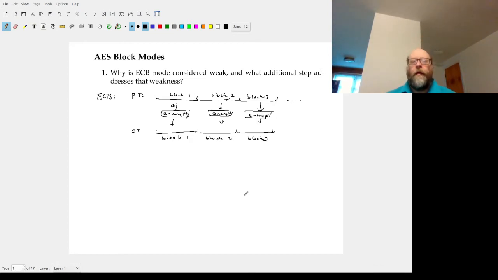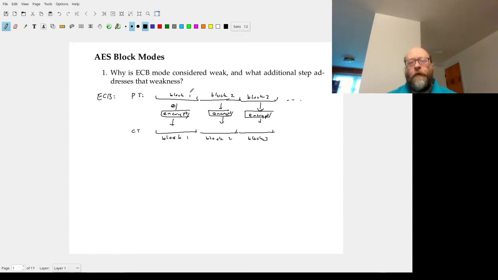The weakness is if we have blocks that are repetitive, which doesn't often happen in text, but can happen in data files or audio files or image files.